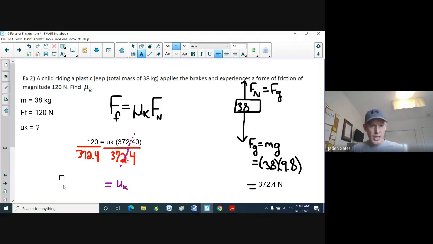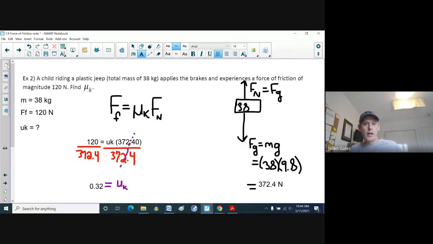I take 120 and divide it by 372.4, and I get 0.32. There we go. And as I said, no units, because it's just a rating of how much friction there would be between a plastic Jeep and whatever this child is riding on. Probably asphalt, my guess.